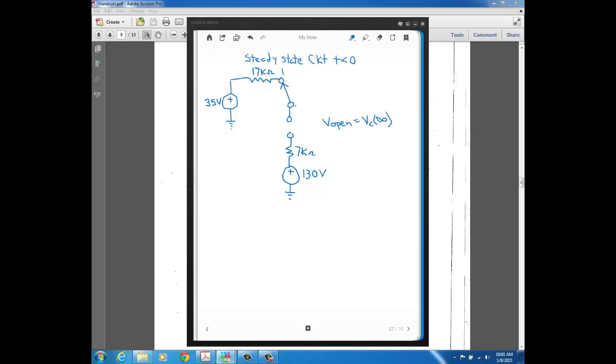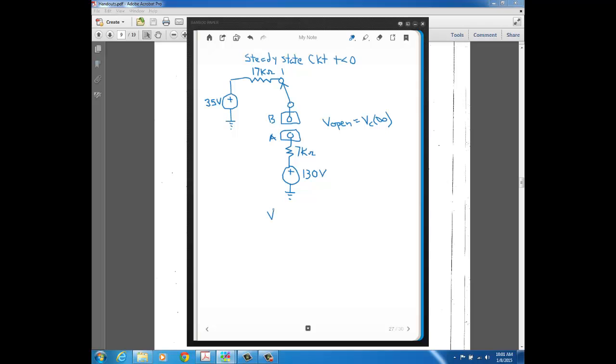So this just becomes a node voltage analysis. We just need to get the voltage on both sides of the open, and the difference will give us the voltage across the open.